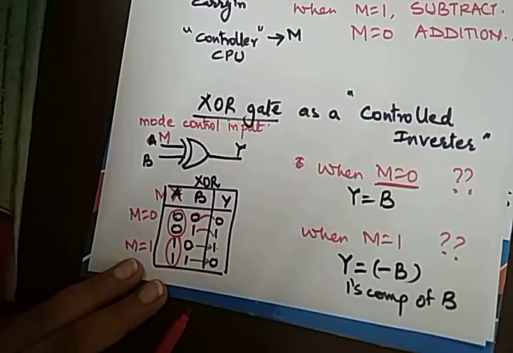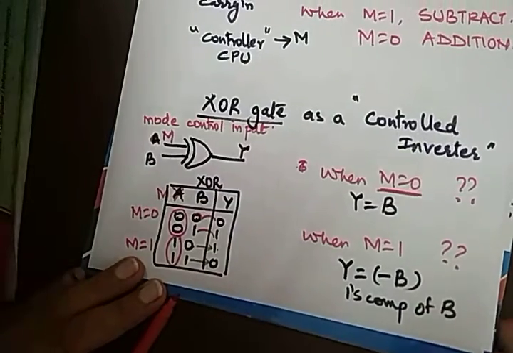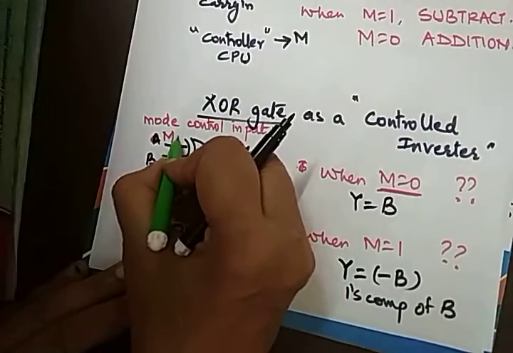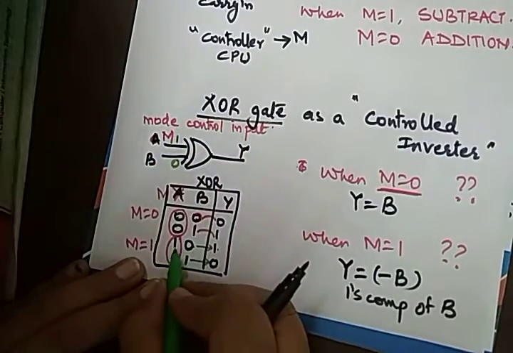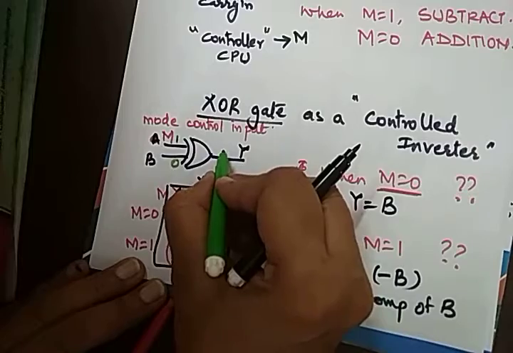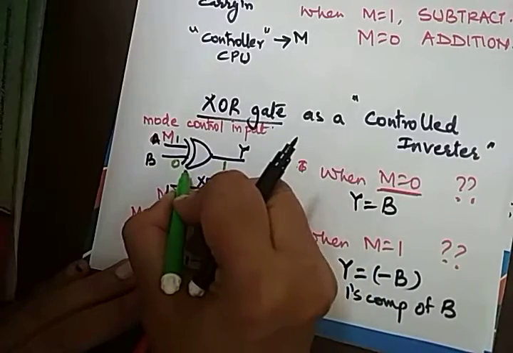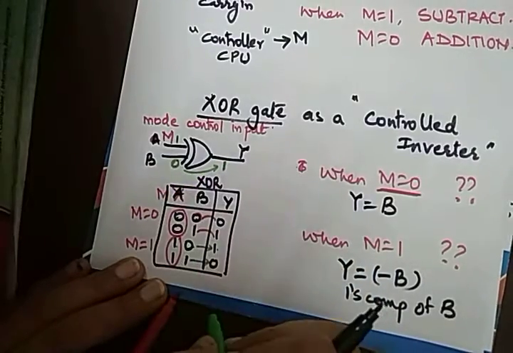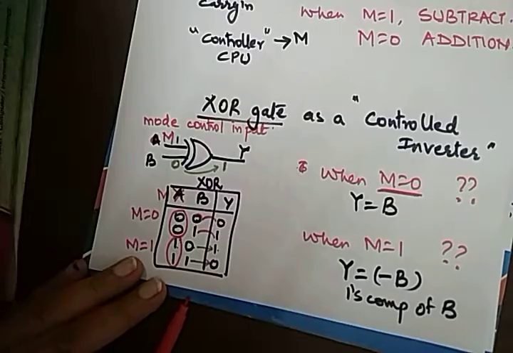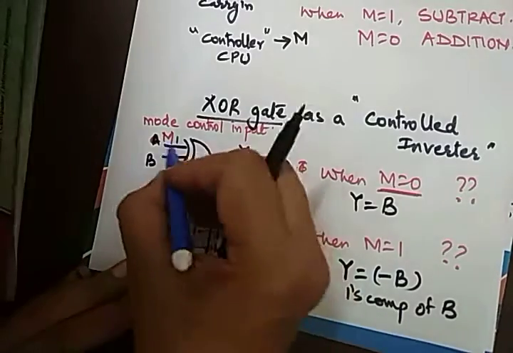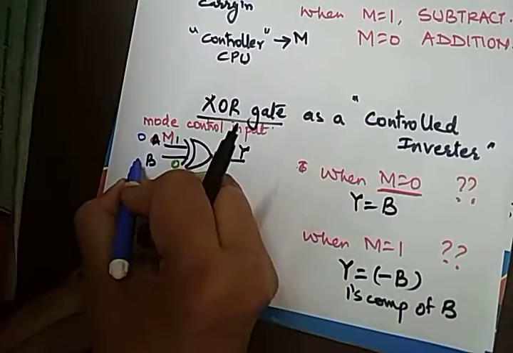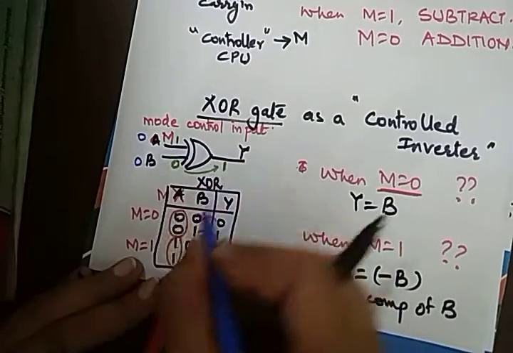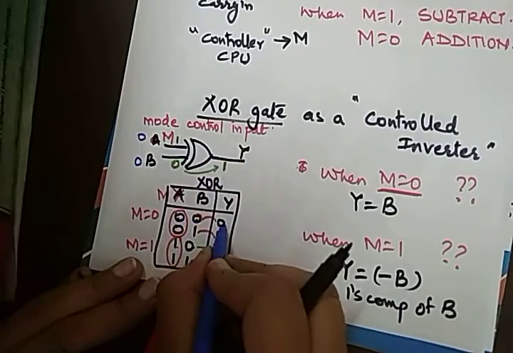Let's just put the values over here and see. When M is 1, if B is 0, then 1 and 0 gives a 1 output. So this B is inverted. Let us see what happens when M is 0. When M is 0 and you assume B as 0, then 0, 0 gives a 0 output.